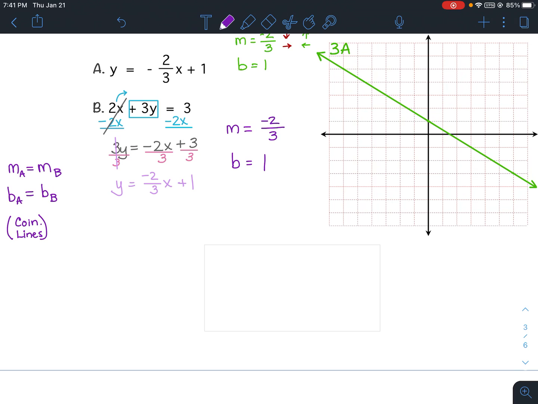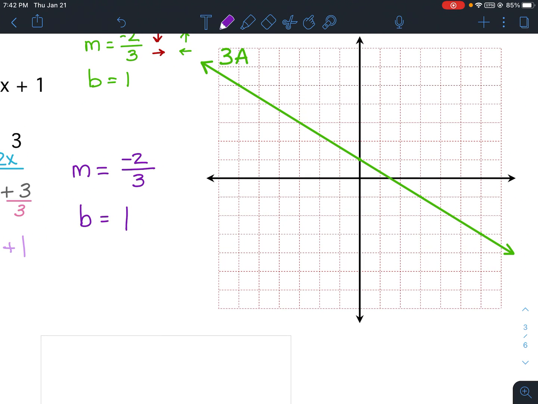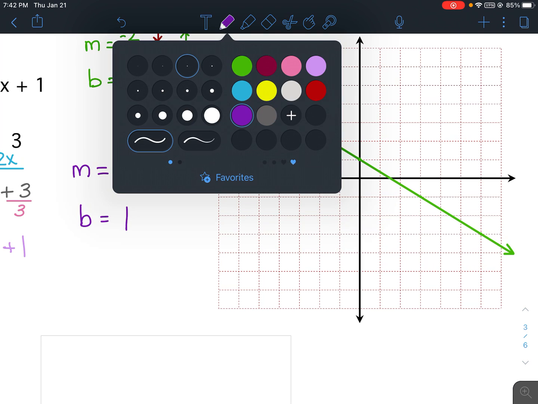So, you don't need to do this. Because it's the same line, all you need to do is put 3A and 3B. But I am going to show you what it looks like overlapping one another. I'm going to use a dotted line to do it.